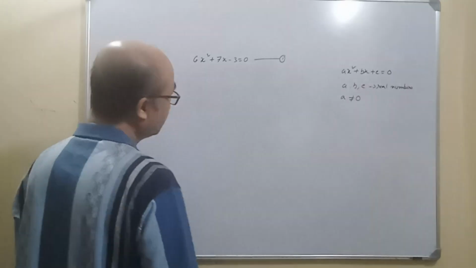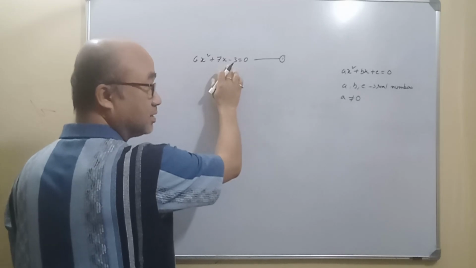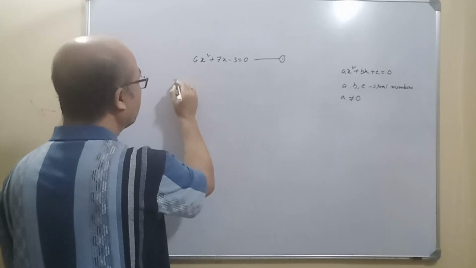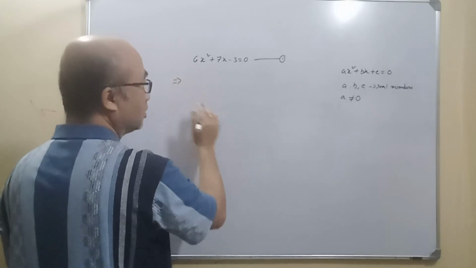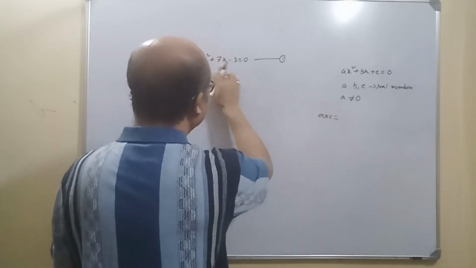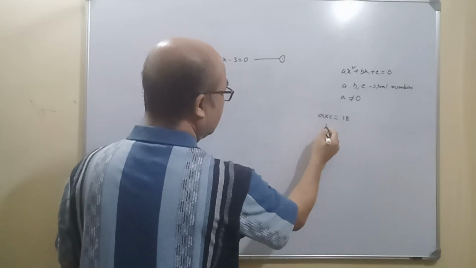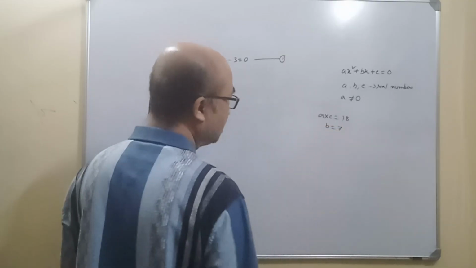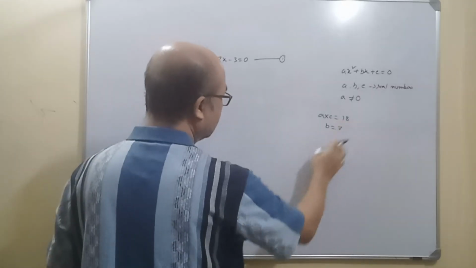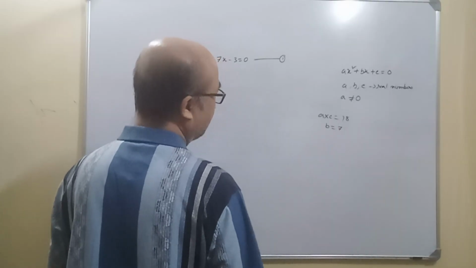So let us try another equation where c has a negative sign before it. Similar procedure: a into c, that is minus 18, and b is 7. So we need two numbers where the multiplication is minus 18 and the summation is 7.